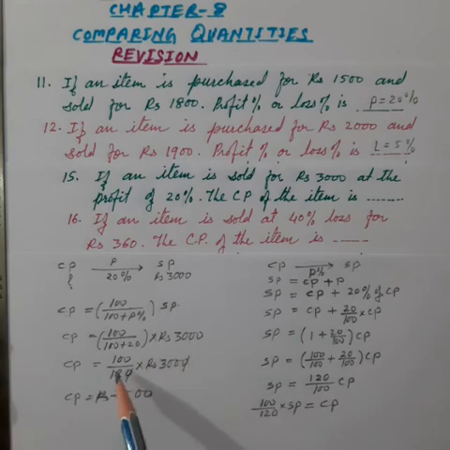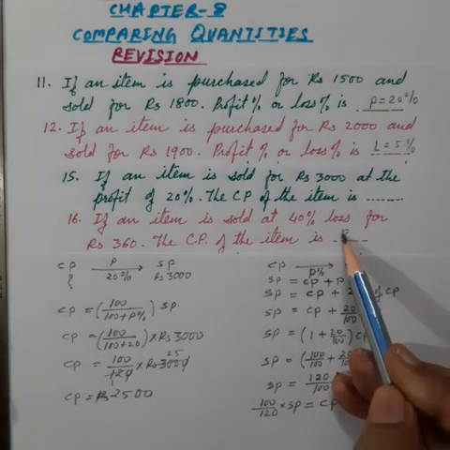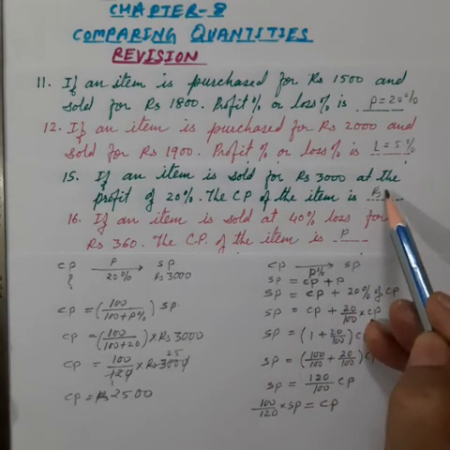Put the values here. Denominator here we get 120 and divide this denominator and numerator by 10. 1 0 will cancel and 12 ones are 12, 12, 25s are 300 and 25 into 100, 2500. So cost price we get here rupees 2500.